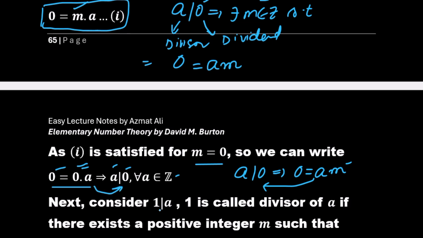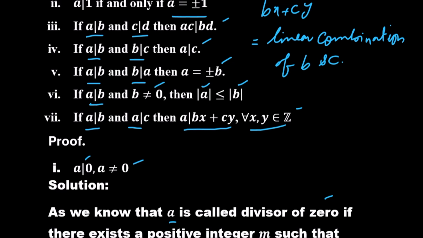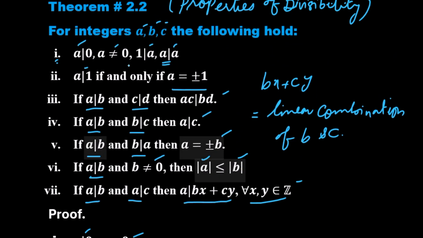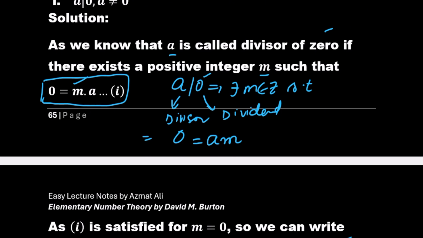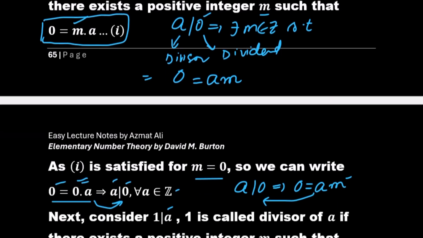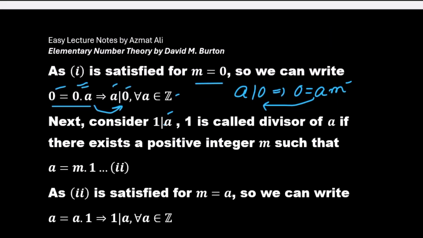Next, consider 1 divides a. Now we prove its second part, that 1 divides every integer a. When we say 1 divides a, then by definition 1 is called a divisor of a if there exists an integer m such that a is equal to m times 1.